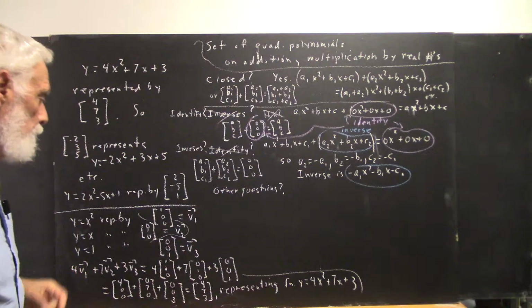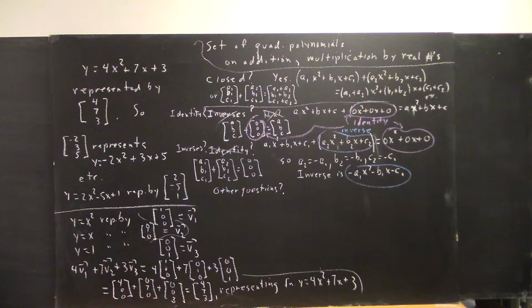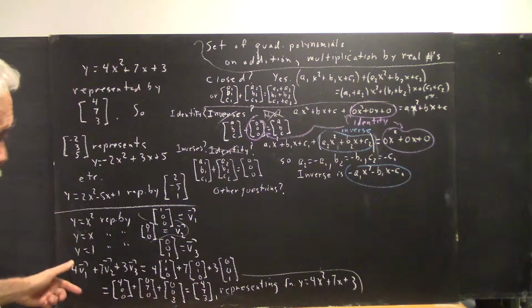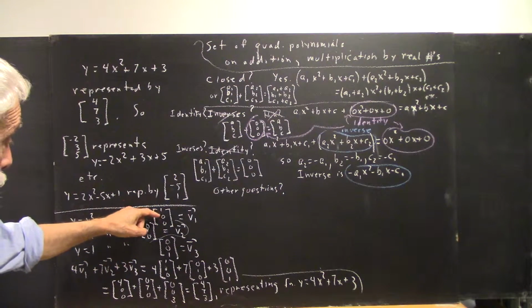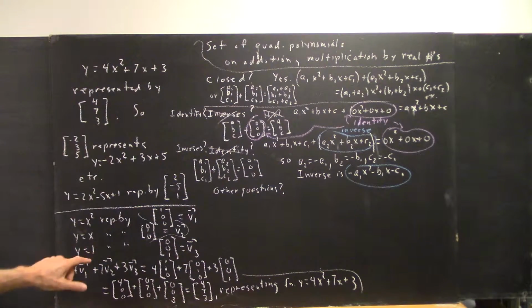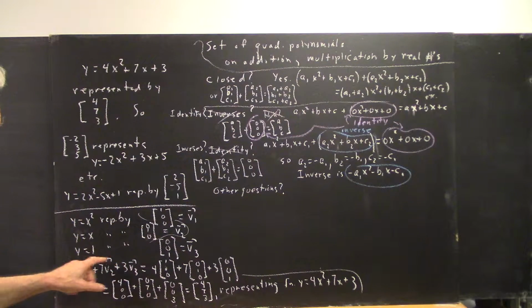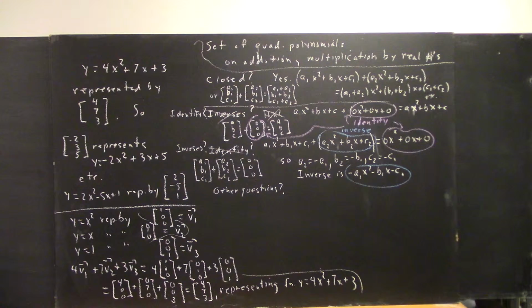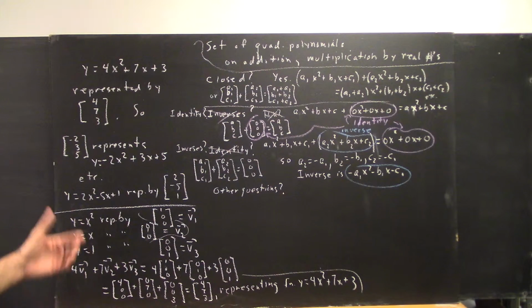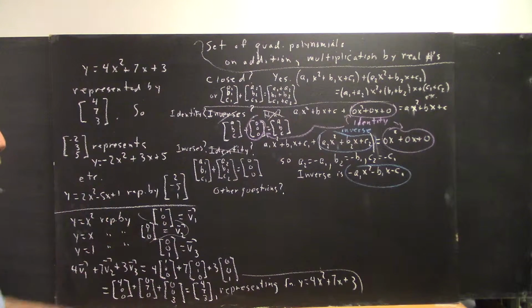Okay, but I want to jump right to an application where y equals x squared is represented by the vector 1, 0, 0. Of course it is. Y equals x is represented by 0, 1, 0, and y equals 1 by 0, 0, 1. And now we write an equation that represents a question.